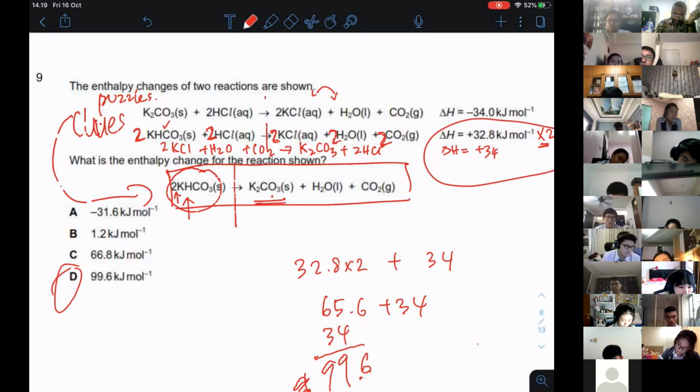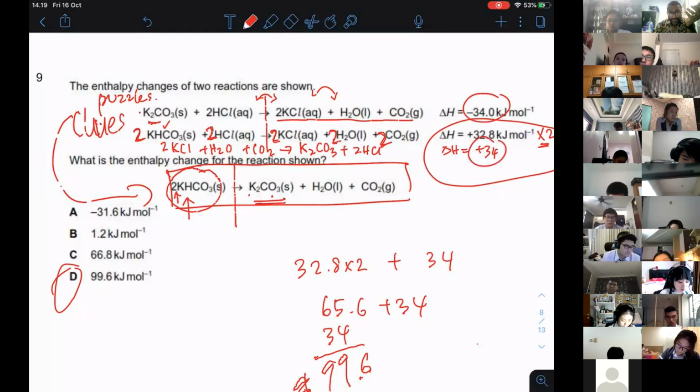When I see this puzzle, it doesn't match. It's actually on my left hand side. I need to flip the equation. Inverse the equation, and then see whether I need to times anything or not. 1 mole, no need to times anything. I just need to flip. So I just take the entire thing and flip it, and negative 34 will become positive 34. That's it.